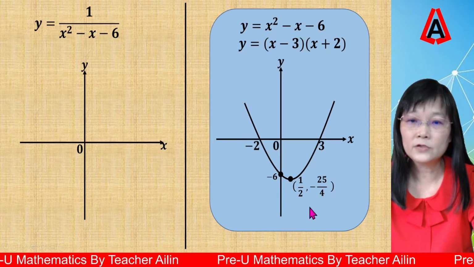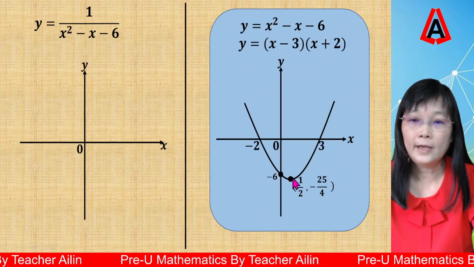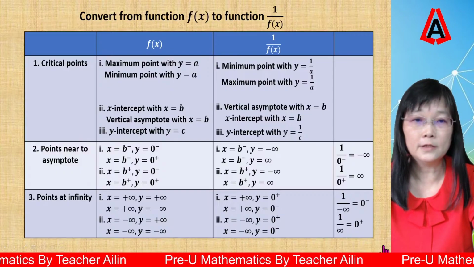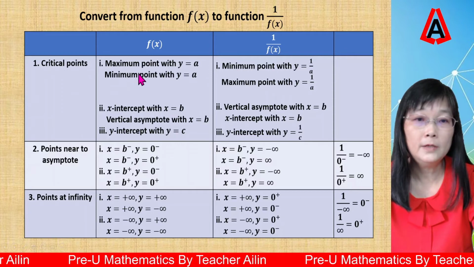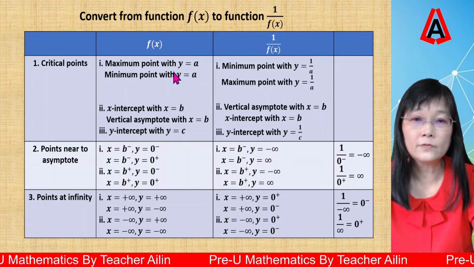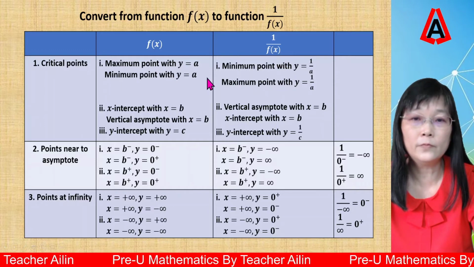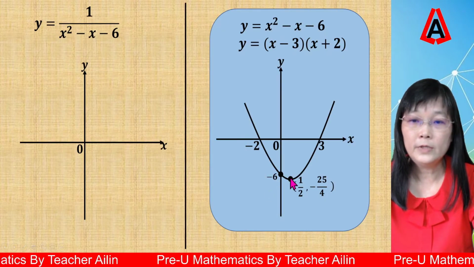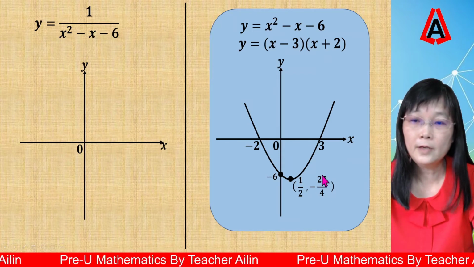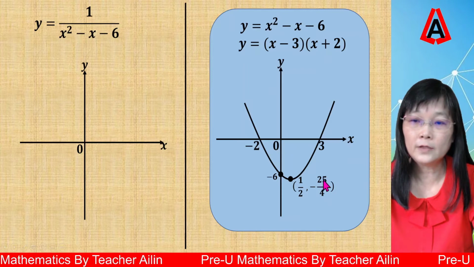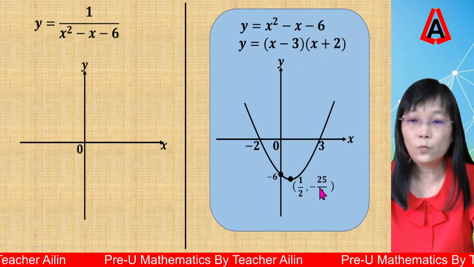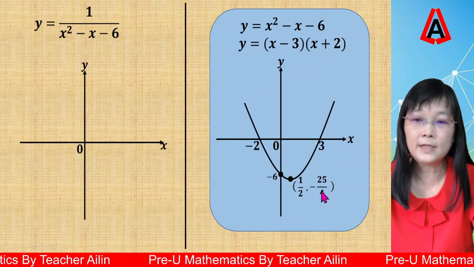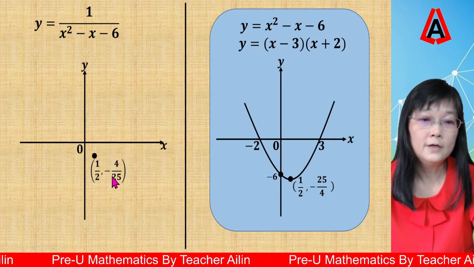Since this quadratic function has a minimum point, and the minimum value is negative 25 over 4, based on the table just now, we can see that the minimum point for the function f(x) when converted to the reciprocal function becomes a maximum point, but the value is 1 over the original value. So this minimum point becomes a maximum point, but this minimum value, negative 25 over 4, becomes 1 over negative 25 over 4. So 1 over 25 over 4, that is 4 over 25.